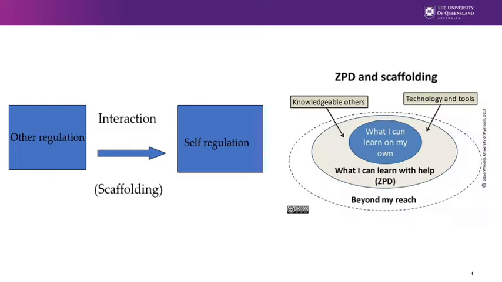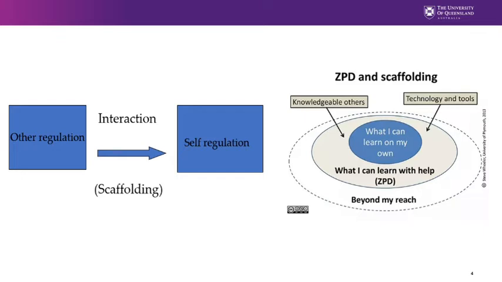We may therefore become independent and carry out our functions within that society on our own, after beginning with the assistance of others through interaction and scaffolding. The phrase zone of proximal development refers to the range of activities that we can perform with the assistance of others, but which I'm not yet capable of performing on my own.